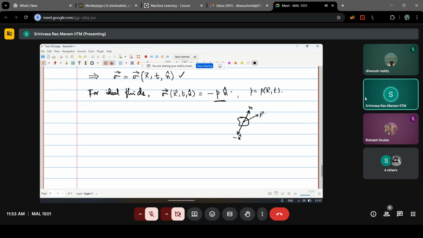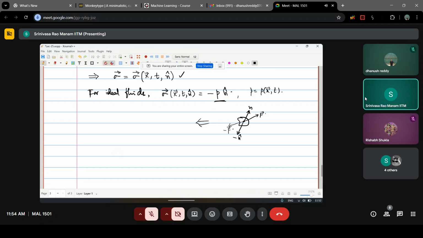Opposite to that you will have minus F. F is actually your sigma. So this figure tells you that F plus minus F equals 0, isn't it? Opposite forces sum to 0.